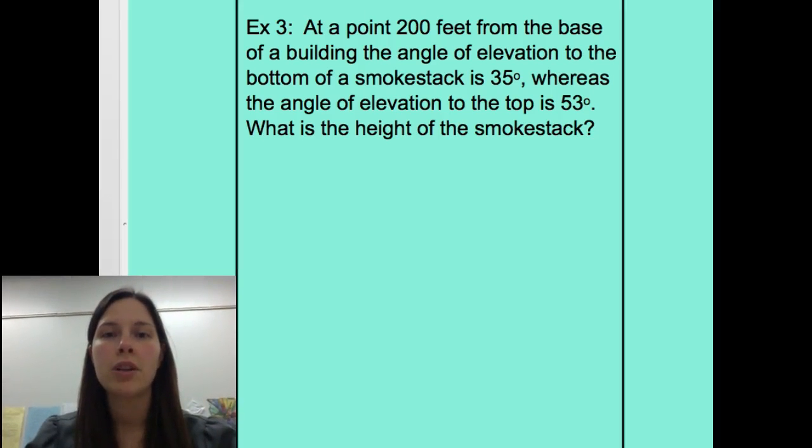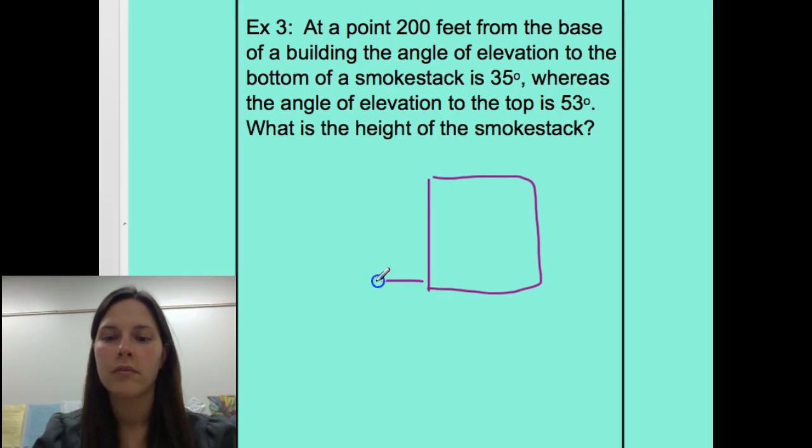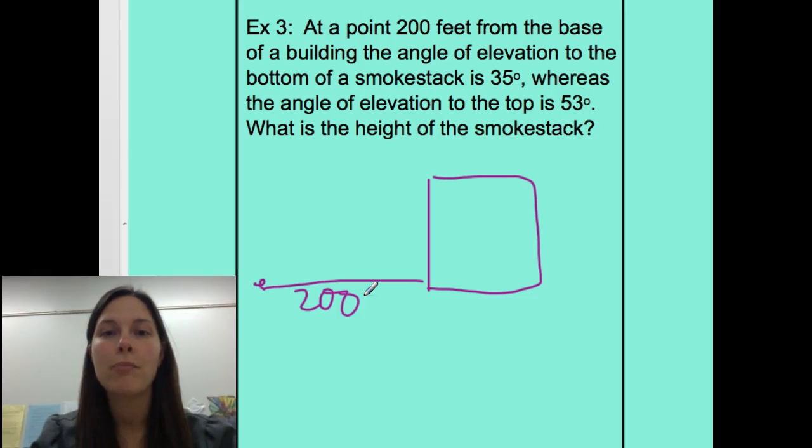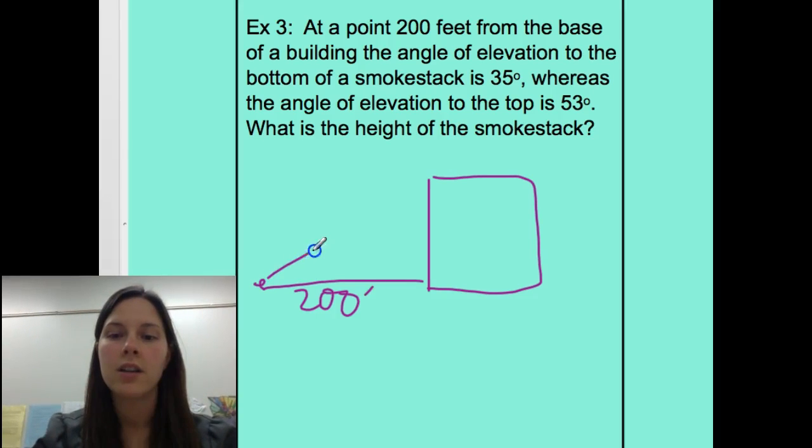And our final example. This one's a little bit more complicated, so I'm going to set up a picture for you and hopefully you can follow along with this picture. So it says at a point 200 feet from the base of a building. So I'm going to draw a building. And at a point 200 feet away, the angle of elevation to the bottom of a smokestack. Well, smokestacks are on top of buildings, so I'm going to assume the smokestack starts here.